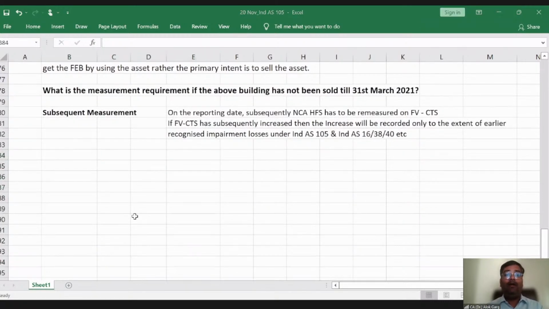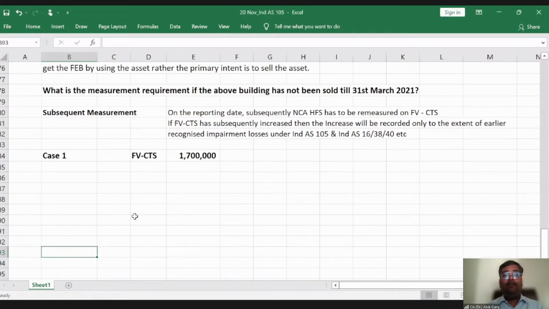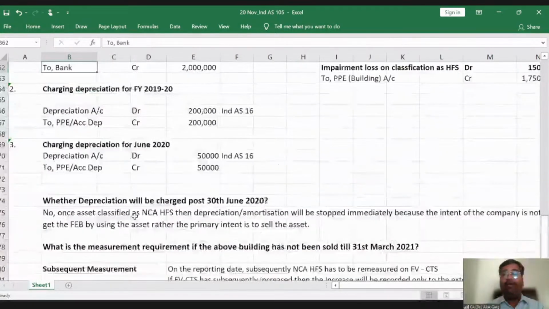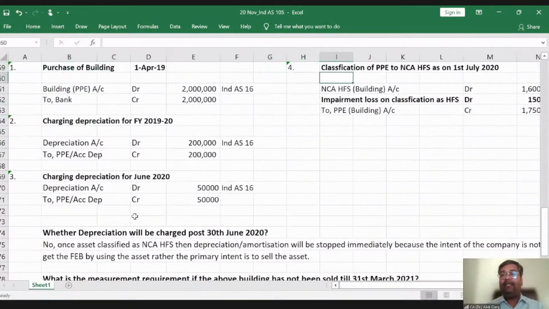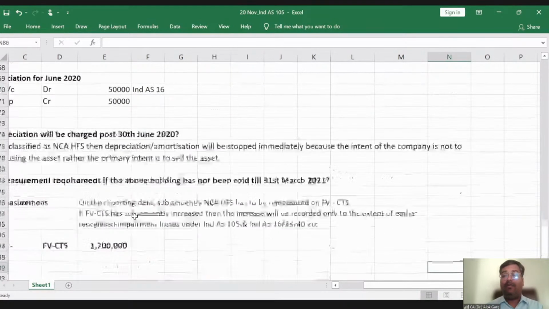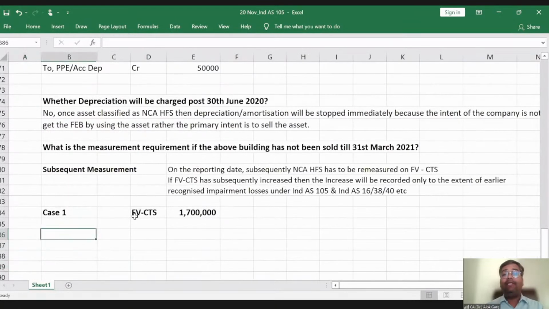Case number one, fair value less cost to sell becomes 17 lakh. On 1st July 2020, we have recorded it at 16 lakh. My NCHFS is coming at 16 lakh, and I have already recorded a loss of 1,50,000 in my books of accounts. So now it becomes 17 lakh.